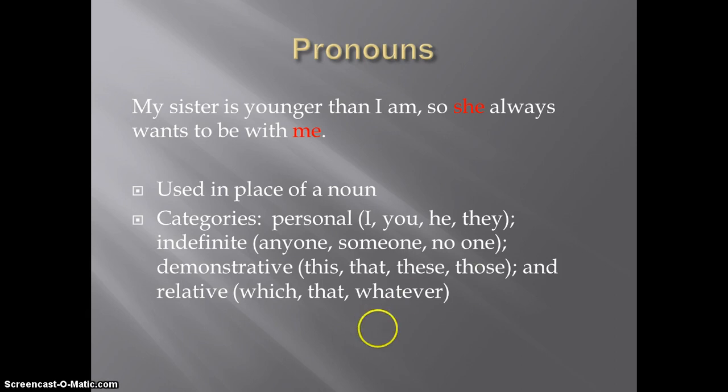I don't care if you know the categories. I just want you to know what a pronoun is. Okay, that goes for everything in grammar. If you're getting hung up on the tiny, tiny, intricate details, it's not going to do you any good. Grammar has a million rules and a bazillion contradictions to each rule. So don't get hung up on this stuff.